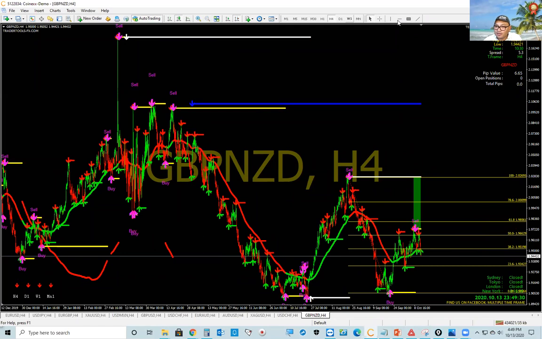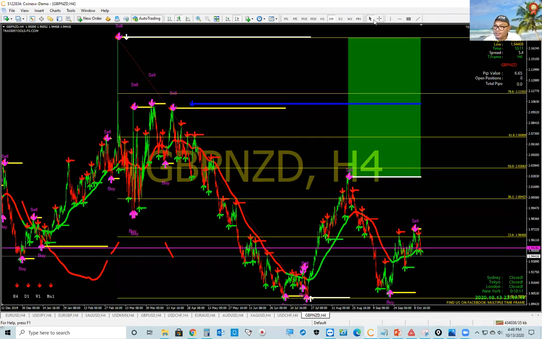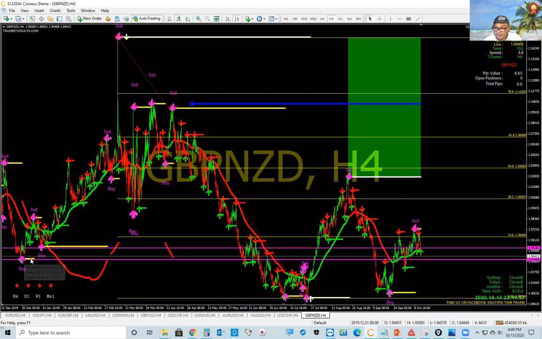Oh wow, it did respect this level here. I don't know if there's news on this one, but it did respect this, brothers and sisters, which was the 38 Fibonacci line. So yes, it's coming to an end. Look at here. It's coming to an end right there. So it's almost there. And then from there, what do you think is going to happen?